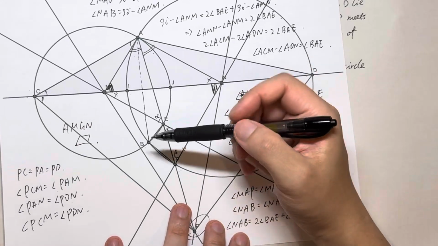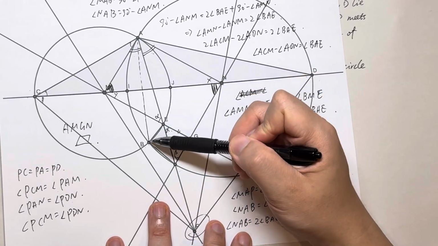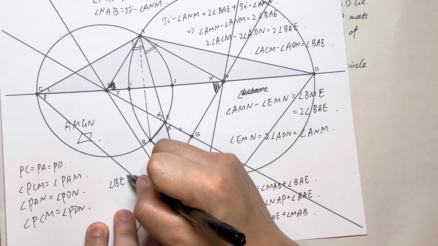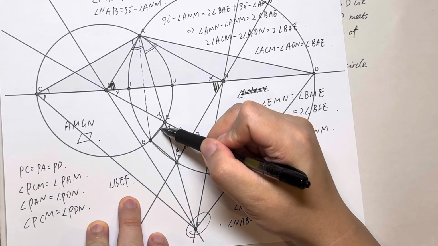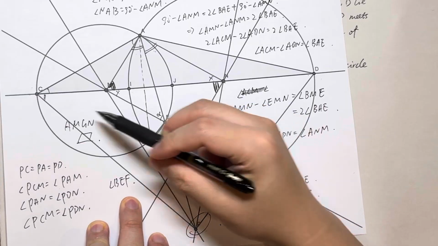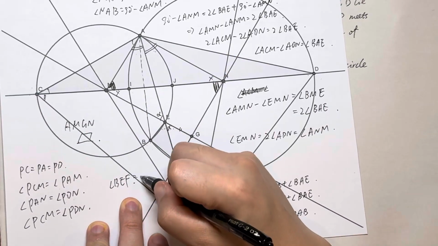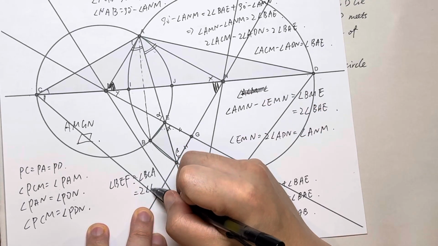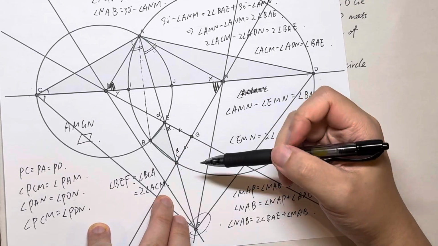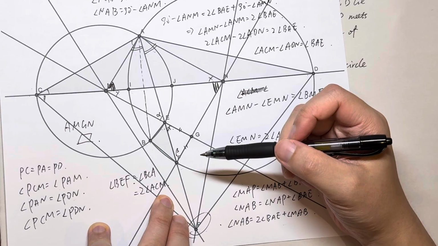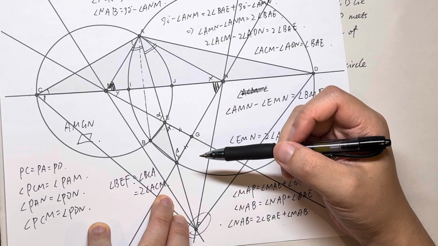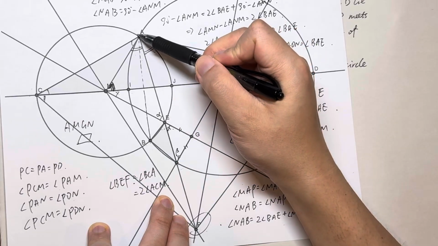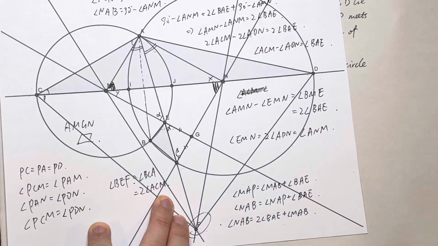Now we just need to prove that this point is also on the circumcircle of the triangle BEF, right? So if we look at the angle BEF, it equals to angle BCA, which equals twice of angle ACM. So the angle BEF equals twice of angle ACM.